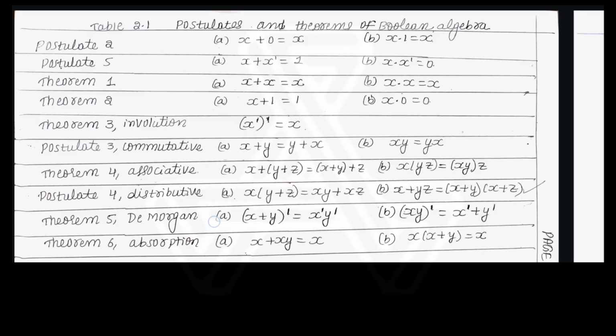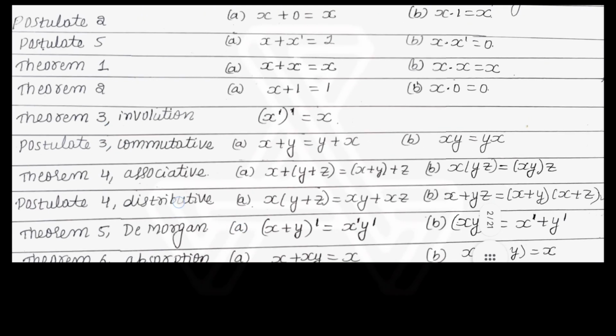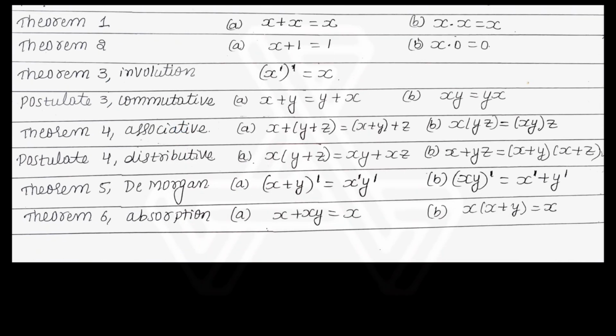Theorem 1: x plus x is equal to x, and x dot x is equal to x. Theorem 2: x plus 1 is equal to 1, and x dot 0 is equal to 0. Involution, theorem 3: the complement of the complement of x is x. Postulate 3 is commutative: x plus y is equal to y plus x, and xy is equal to yx.